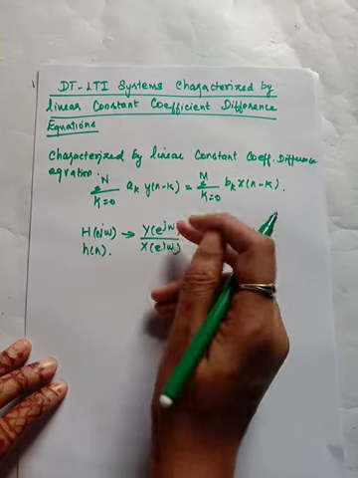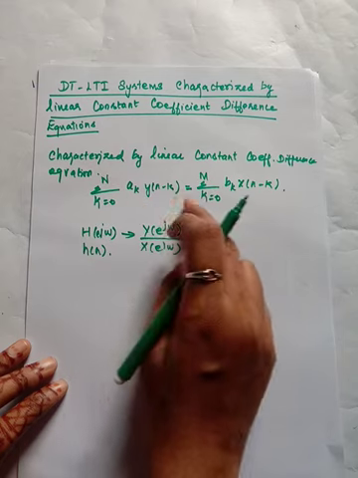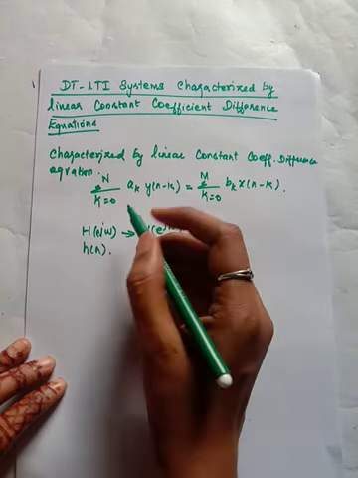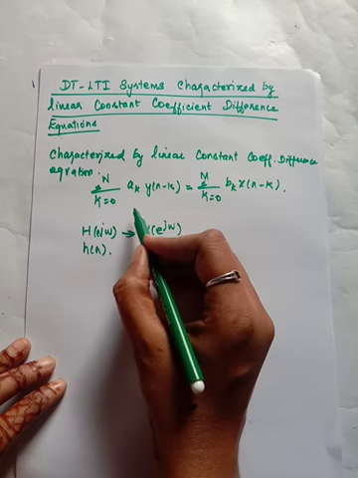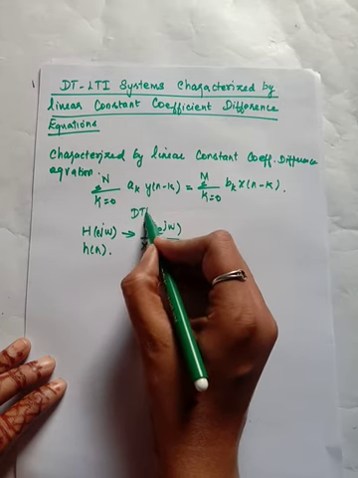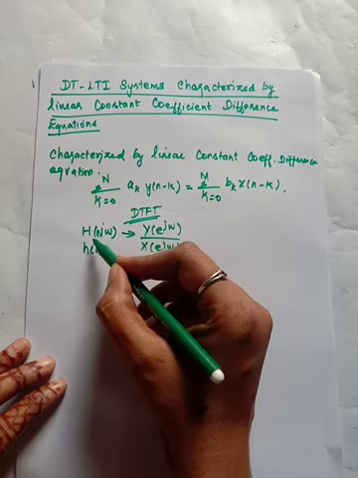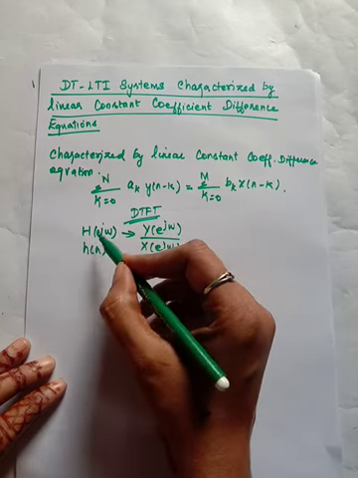In order to separate these terms, you need to apply the transform. As we are discussing DTFT, I am going to use DTFT for finding H of e power j omega.